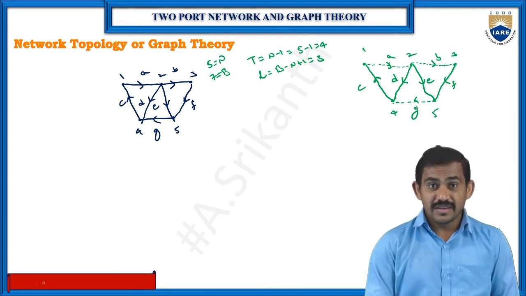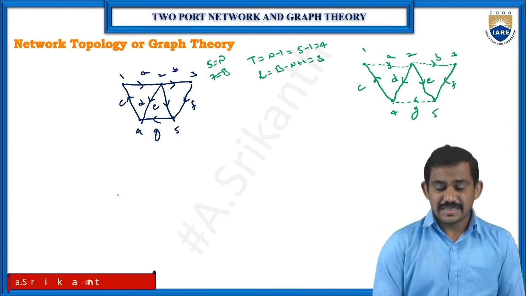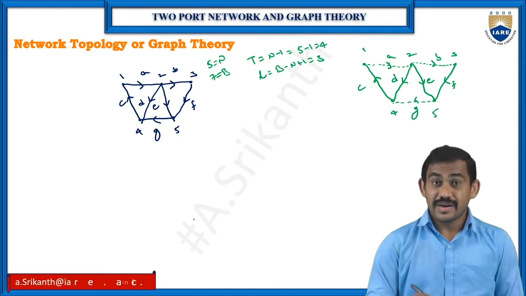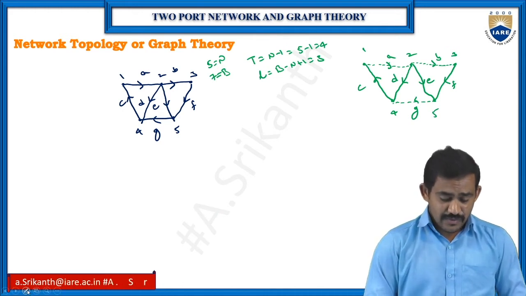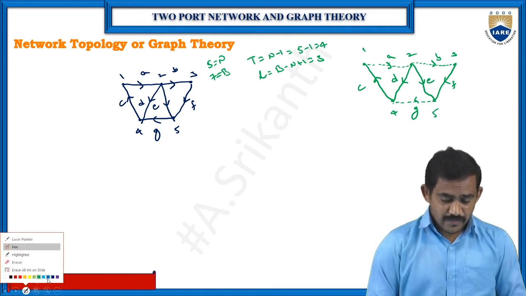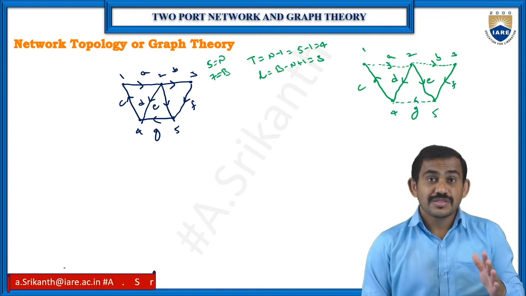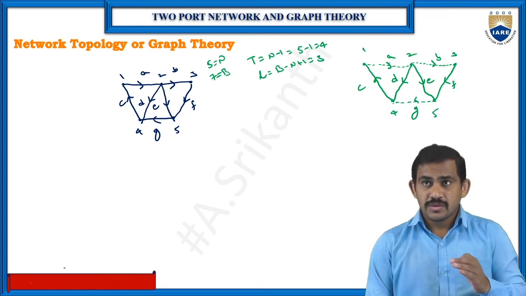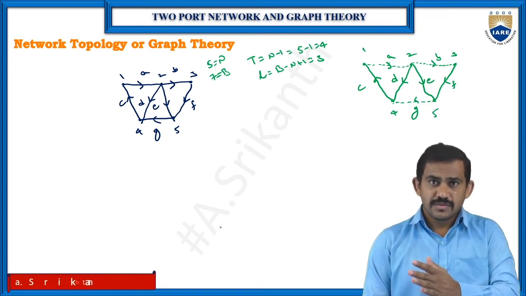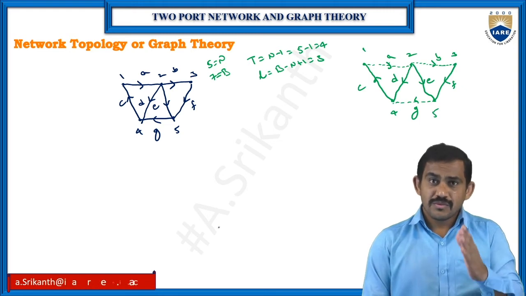For this virginal graph, I want to draw the B matrix. For the B matrix, we need to use the links. So we have a circuit, and in that we have the virginal graph.